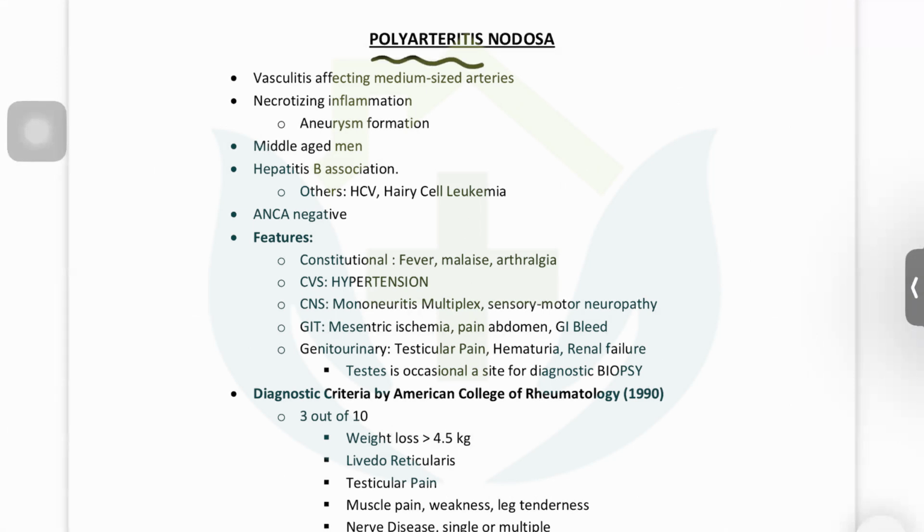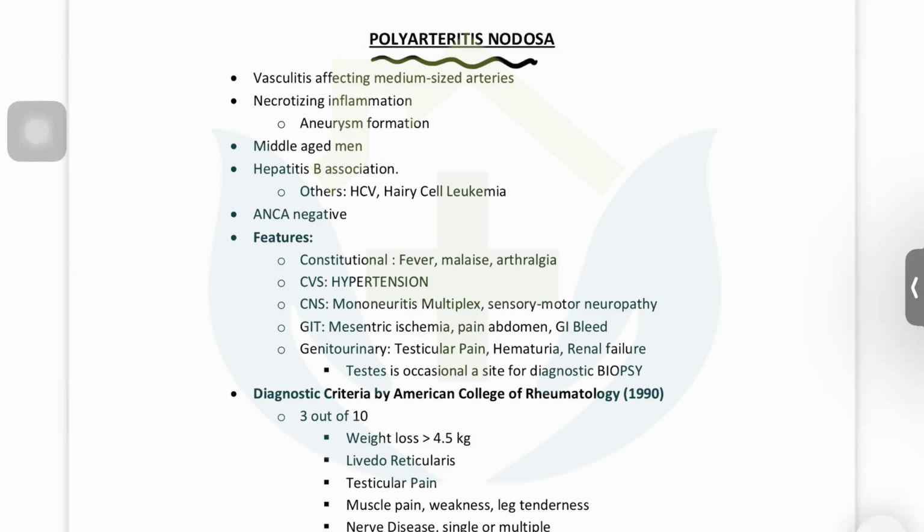So polyarteritis nodosa, as I told you, medium-sized blood vessels are involved. You have to understand that most of the body is being supplied by medium-sized arteries, be it digital arteries, be it spleen, be it kidneys, be it the genital system of the body. So wherever the liver, wherever the major organs are involved.